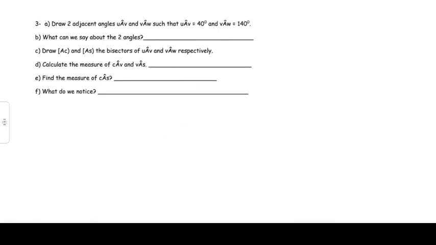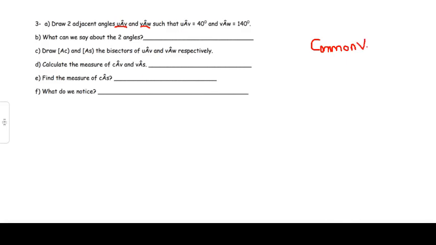Okay, so now we are going to start with exercise 3. A. Draw two adjacent angles, which are UAV and VAW, such that UAV is 40 degrees and VAW equal to 140 degrees. Before we start, let's write the common vertex.